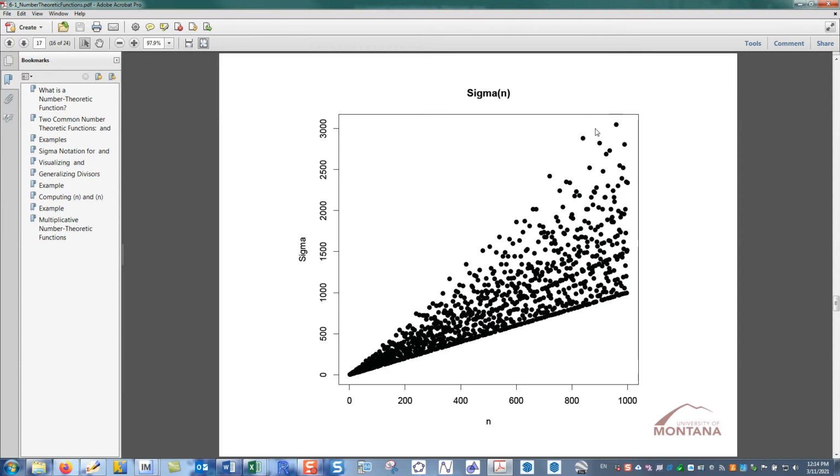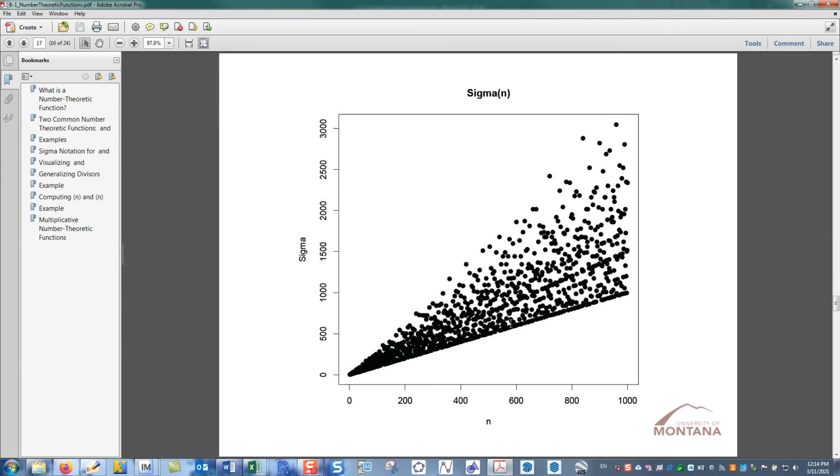So you can think of these numbers up here as being the ones that are really highly composite, meaning that they have lots and lots of divisors that add up to large sums. You can also think of this line that's emanating here as all the primes. And one of the things I've always been fascinated by is that there are these lines that you can see through the data that must correspond to certain groups of numbers, and I'll leave that up to you to think about for right now.